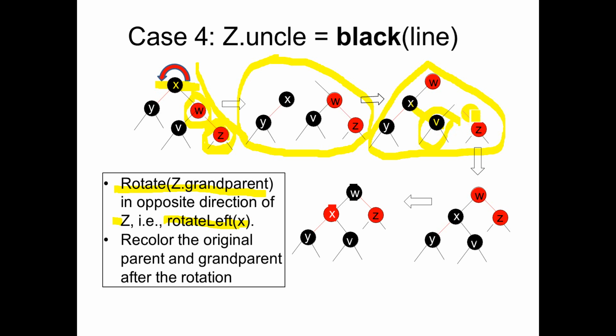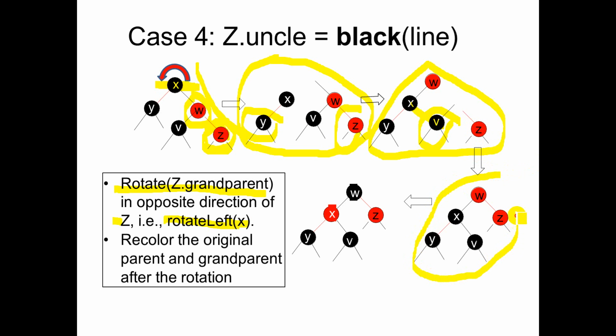The children like Y or Z will not interfere, so they directly connect with the node they were connected to before. So you can see that we get this.